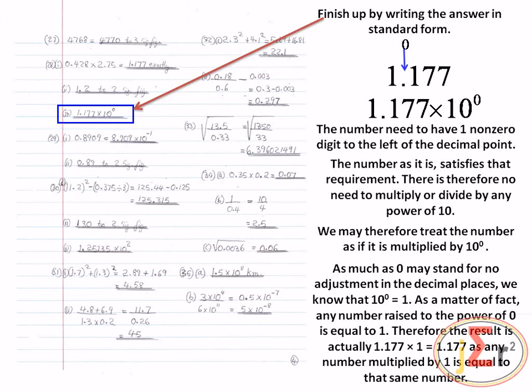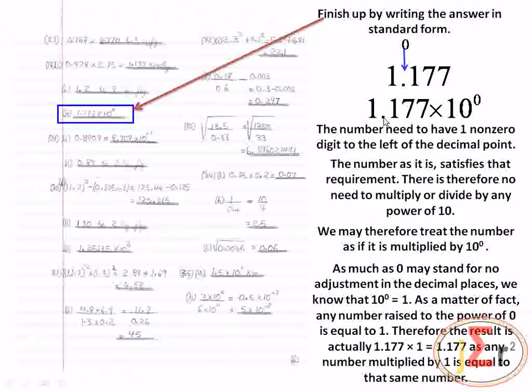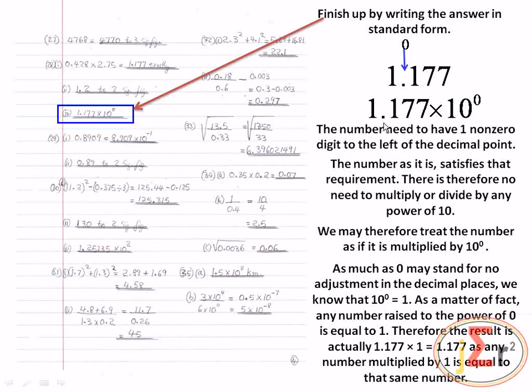As much as we have agreed from the beginning that there should be no adjustment to the number, multiplying the number by 10 to the power of 0 is actually saying that there's really no adjustment to the number, because 10 to the power of 0 is equal to 1.